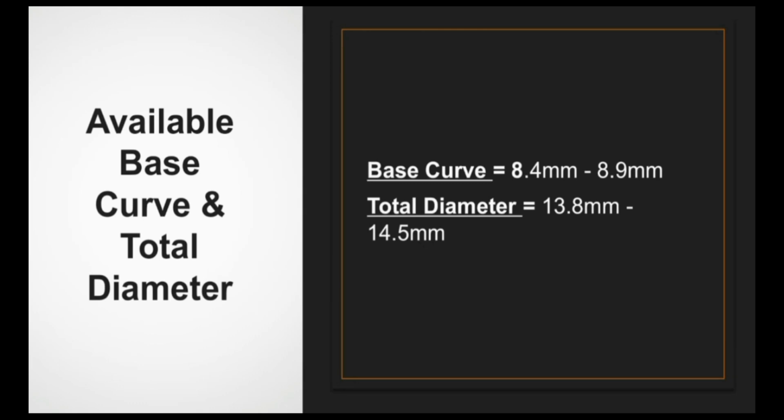So suppose you get a total diameter of about 15 millimeter for a patient, you can choose the closest related number, so you can choose 14.5 millimeter. If you get a total diameter of 12.5 millimeter for a patient, in that case you can choose 13.8 millimeter total diameter of soft contact lenses. So these are the availabilities of base curve and total diameter.